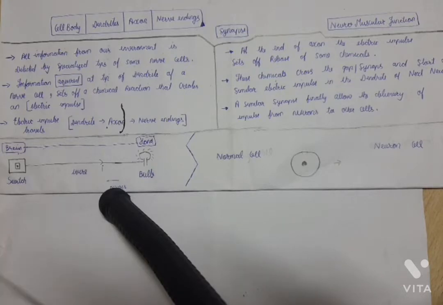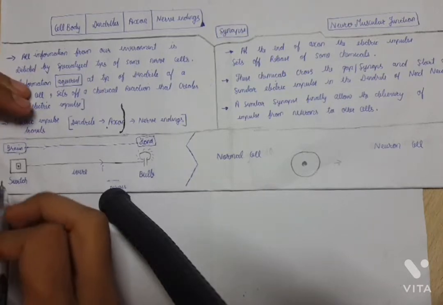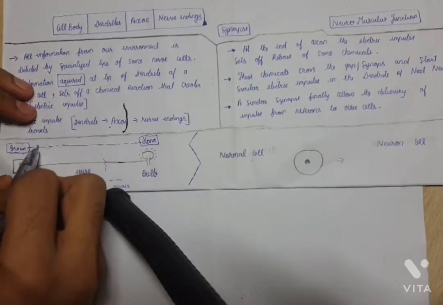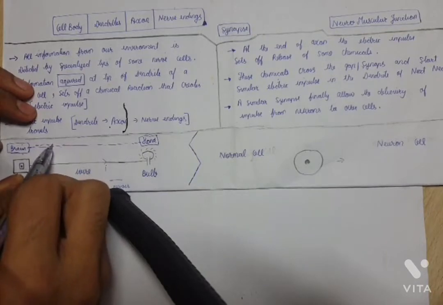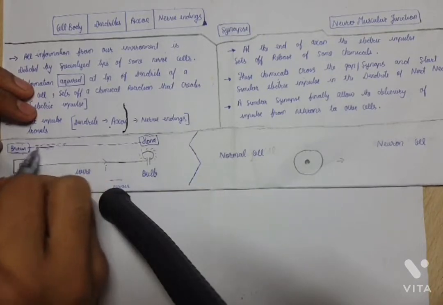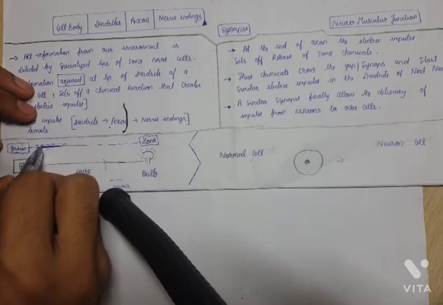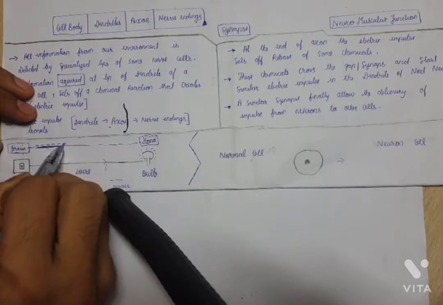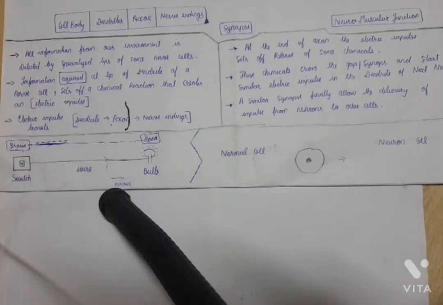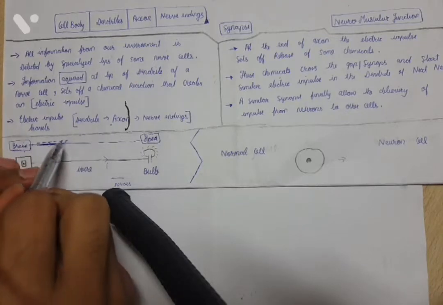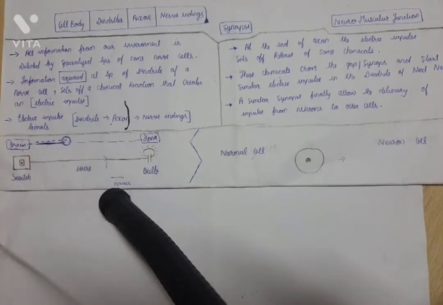So now what is this wire? This wire is actually a nerve, and if we examine it closely, we will see that it is made up of small parts. This big part is made up of small parts, and one small part is called a neuron. So this, you see, is one neuron. Now what is a neuron?